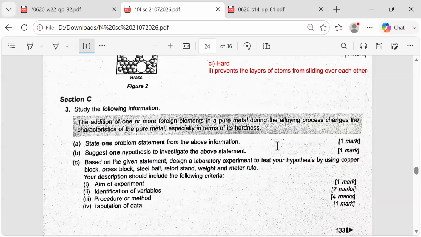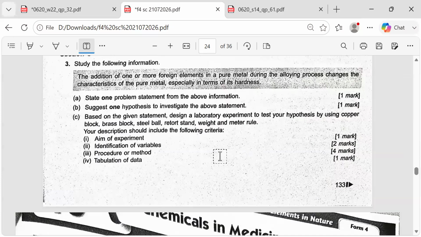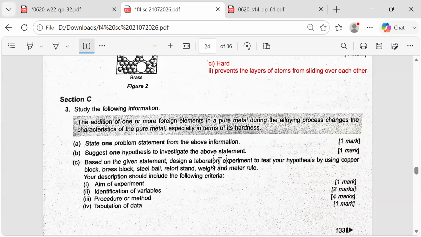State one problem statement. What a stupid question. Do you all do this? I'll just run through with you. The problem statement is: is alloy harder than pure metal? So one hypothesis is yes, alloy is harder than pure metal.